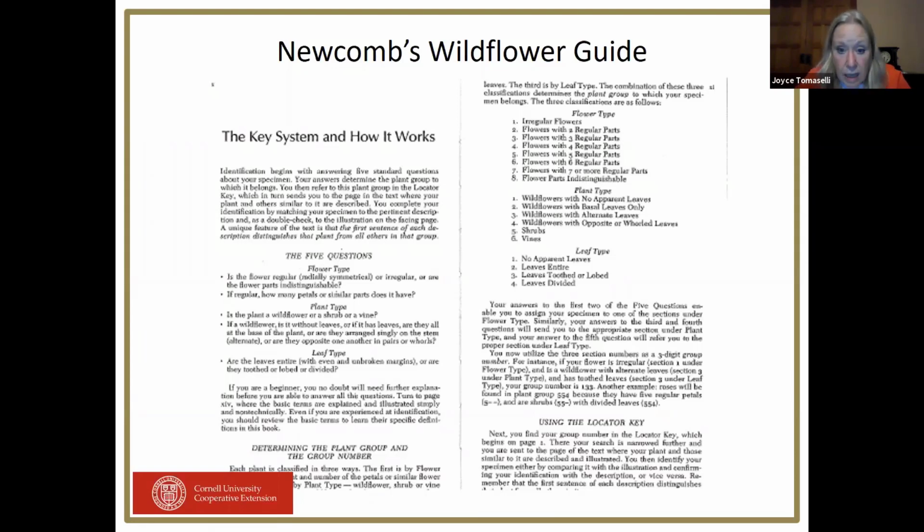And then it says, what is the leaf type? Are they entire, which means they're smooth? Are they toothed or lobed, which means they're sort of zigzaggy? Or are they divided? And so you would pick something like 5, 3, 2.